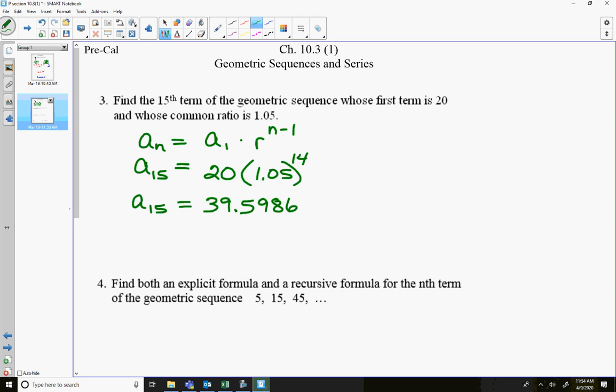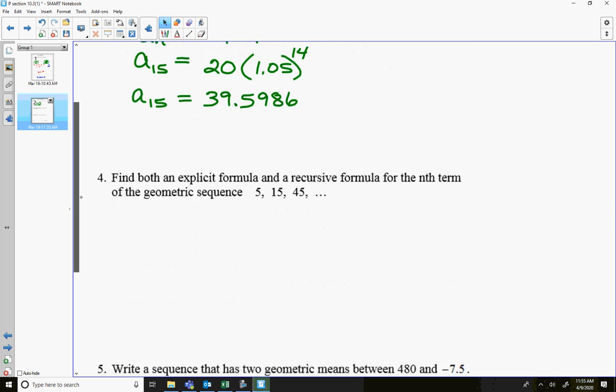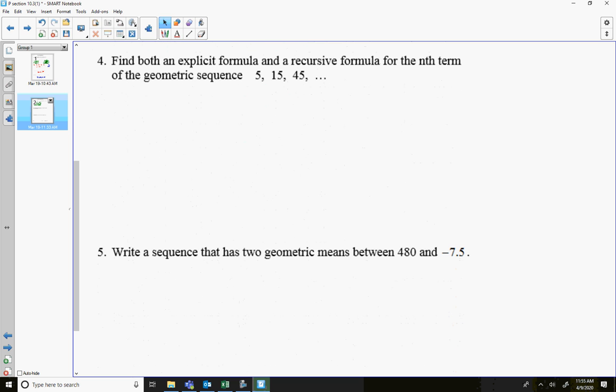And 1.05 to the 14th power will have lots of decimal places, so that's obviously a rounded answer. By itself, that should have 28 decimal places to be specific, but not worried about that.